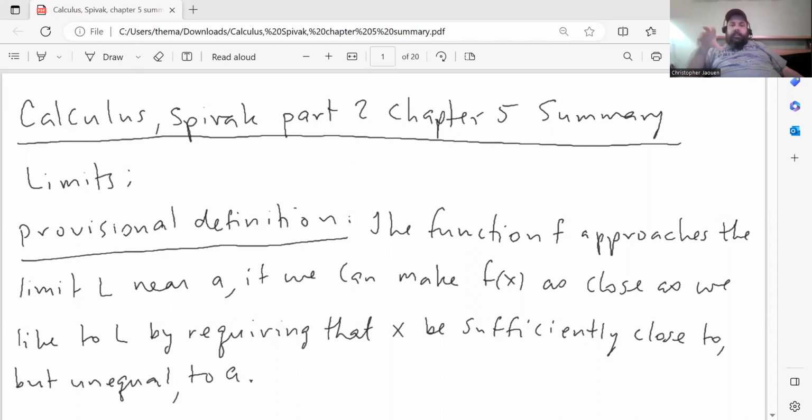So it's giving you the behavior in a neighborhood of the domain around a point. That's what we want the notion of limit to capture.